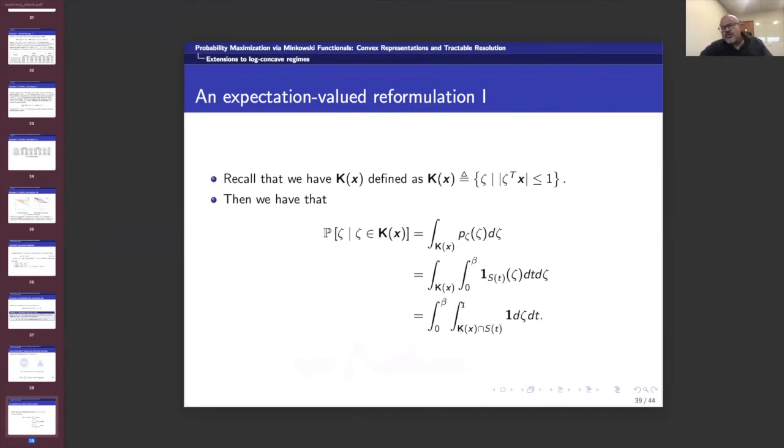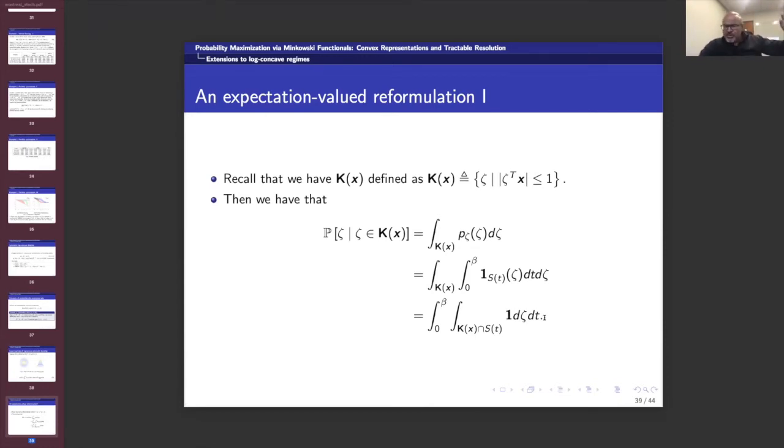And of course I've skipped some analysis here, but I'm just trying to give the audience some understanding of how one would extend this to more general problems. So what you have is the integral from 0 to beta, and the integral over K of x intersection S of t, and you're integrating with respect to d zeta and dt.